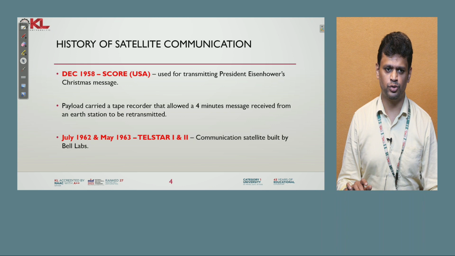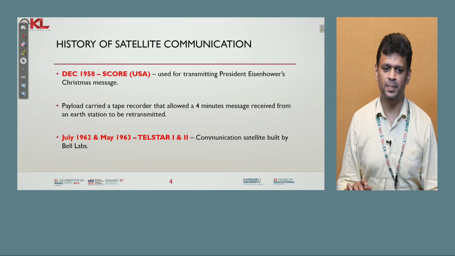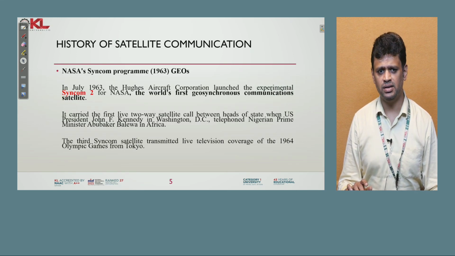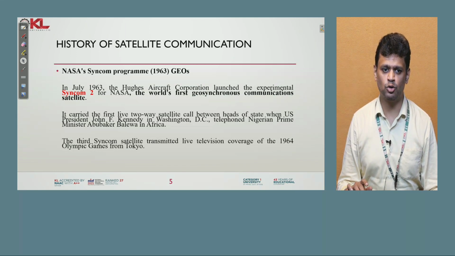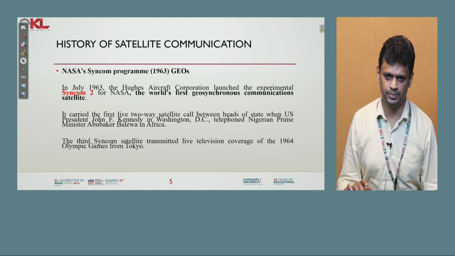This is the SCORE USA satellite launched in 1958. Then other satellites were launched in 1962 and 1963 with the names Telstar 1 and 2, built by Bell Labs. We all know about NASA. In 1963, the Hughes Aircraft Corporation launched the experimental SYNCOM-2 for NASA, the world's first geosynchronous communication satellite.